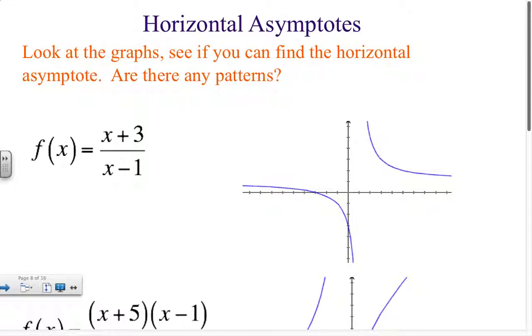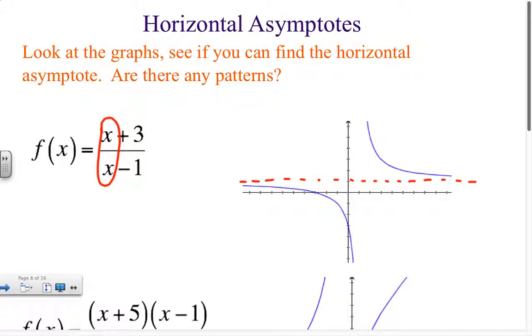Okay, so horizontal asymptotes. We're not really going to look for patterns. I'm kind of just going to tell you as we go. So in this case, we have a horizontal asymptote at y equals 1, which comes from the leading coefficients being divided by each other, because x and x have the same degree.